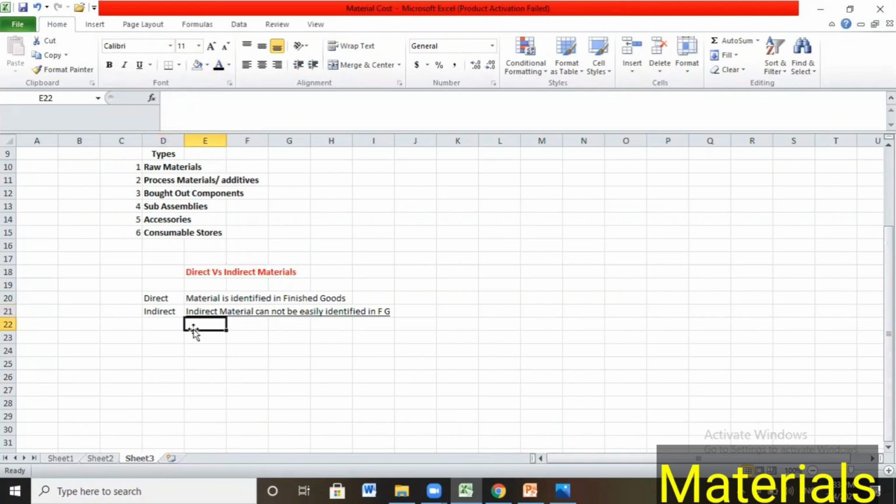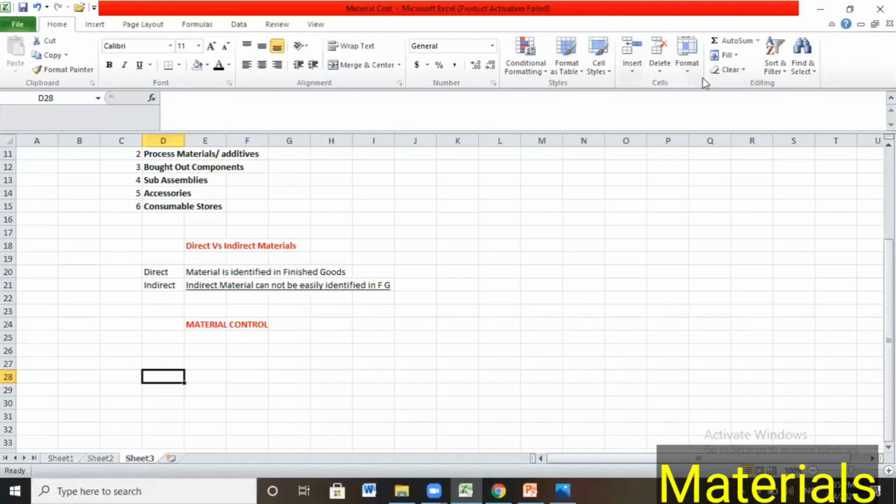But indirect material cannot be easily identified. We don't know whether in the sugar industry lime or sulfur is being used or not. So these things are called indirect material, which has no identity in finished goods. Their identity has vanished.